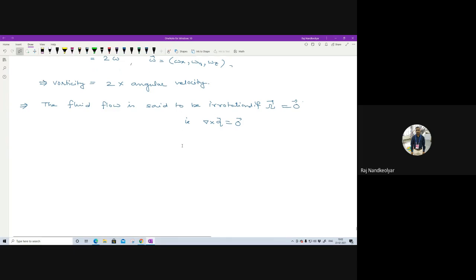Now let us continue from here. A few points I want to discuss: let us assume that the flow is two-dimensional and incompressible.